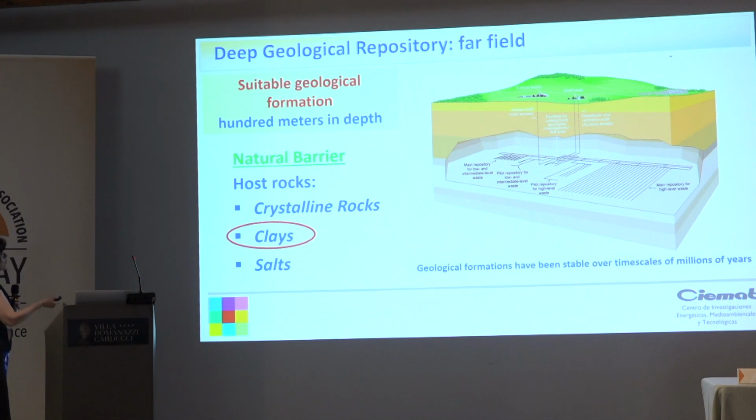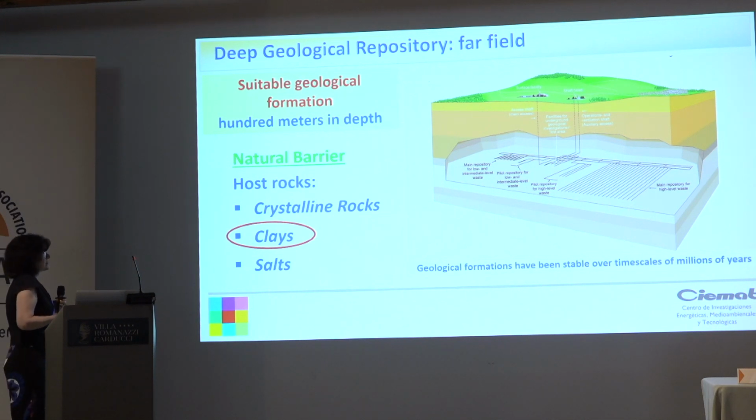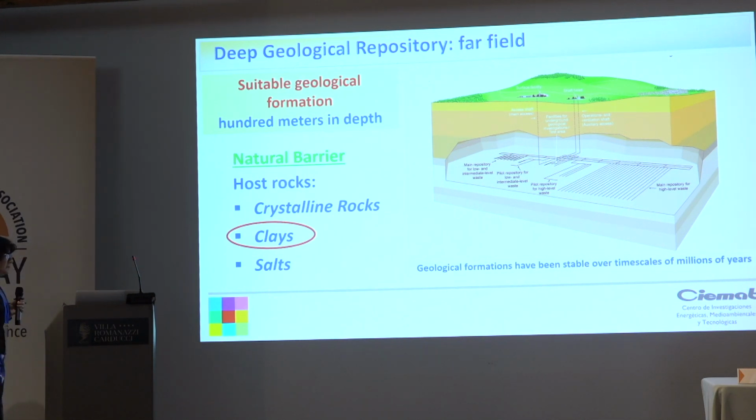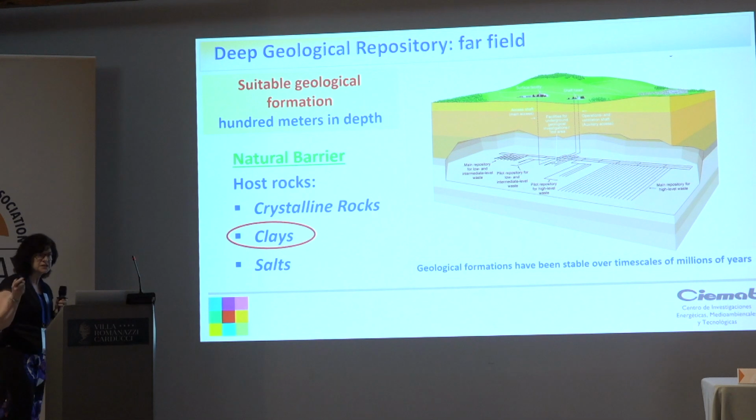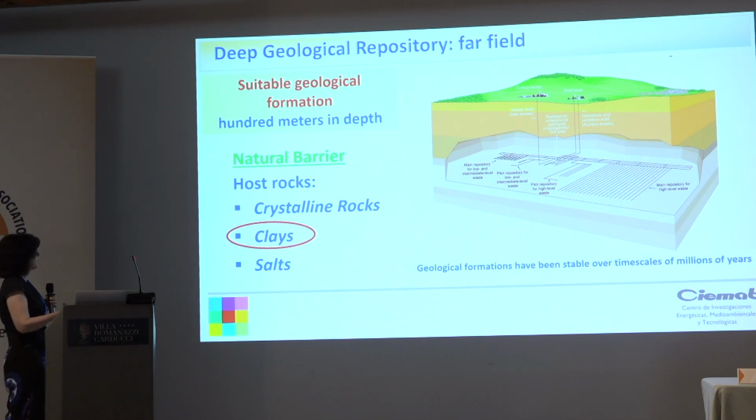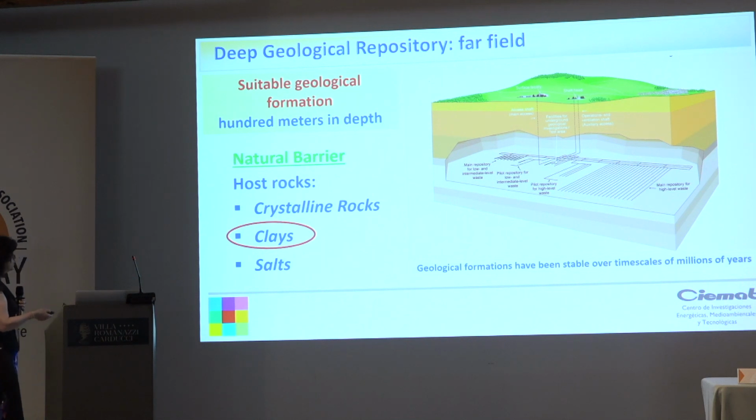Then it is deep because these galleries are put in a suitable geological formation at 100 meters in depth. These geological formations are selected because they have been stable over a time scale of millions of years, a time comparable to the half-life of our radionuclides. And the most important geological barriers are crystalline rocks, salts, but clays also.